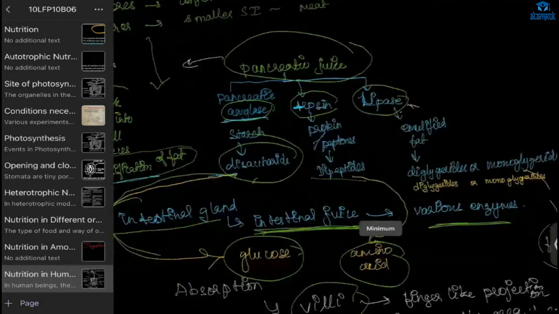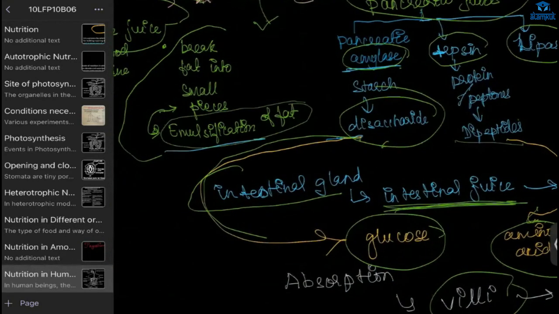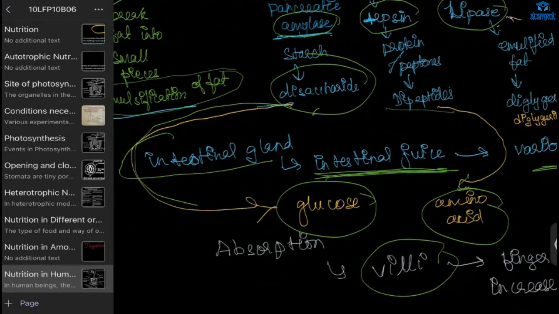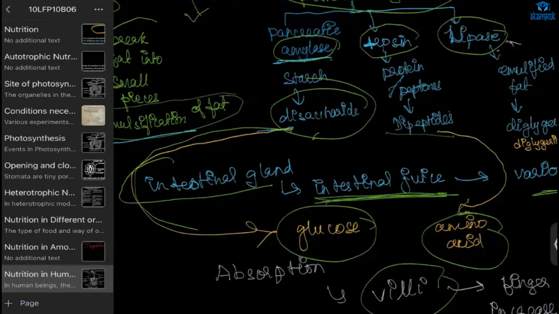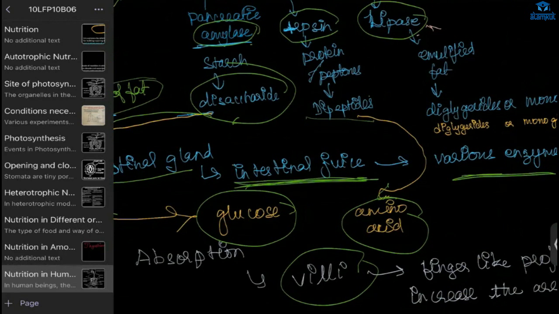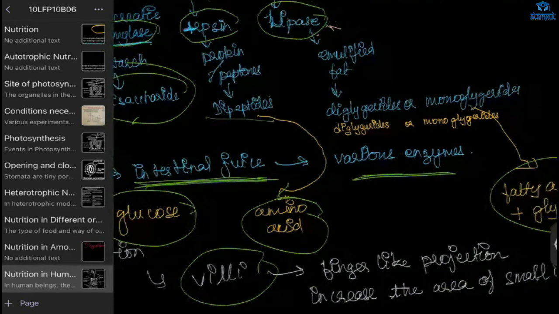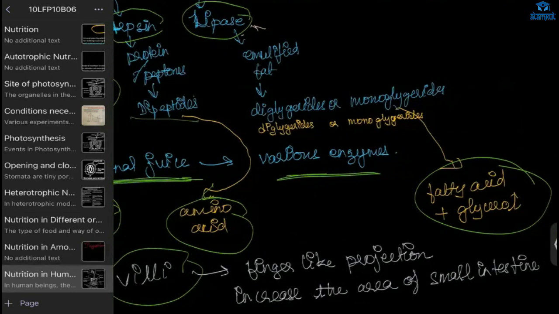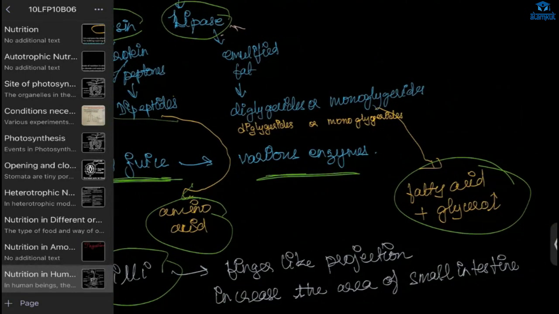Further breakdown will happen by the intestinal juice. The simpler form of starch will be broken down into the simplest form, that is glucose. Peptides into amino acids, and glycerides, diglyceride, monoglyceride, all these things into fatty acid and glycerol.